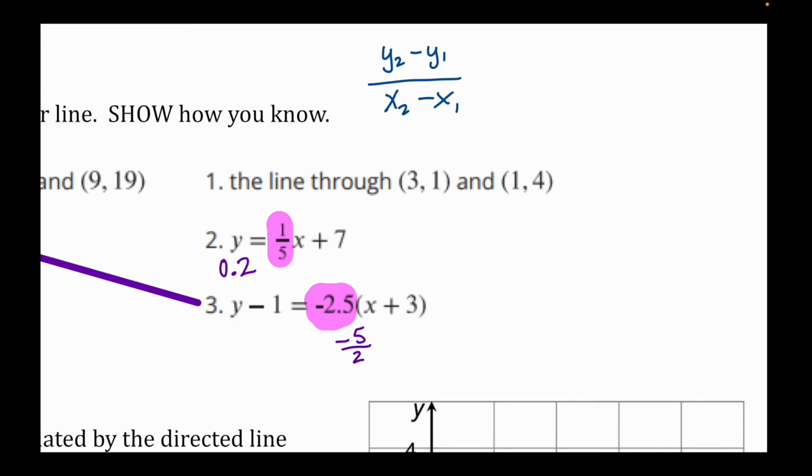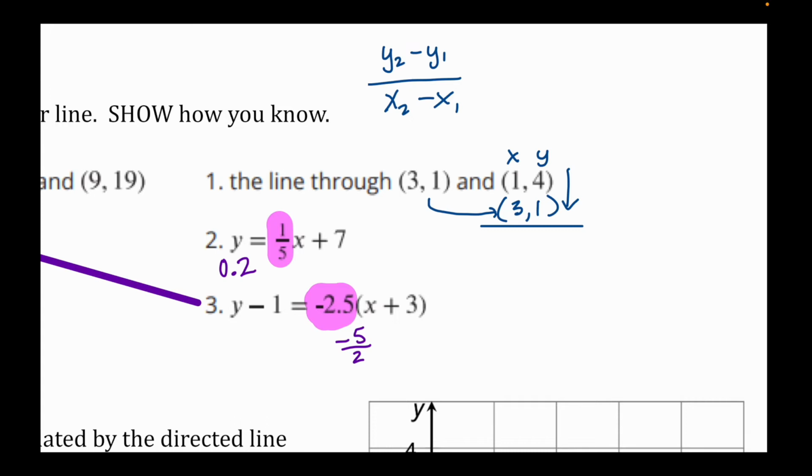It's almost like making a table: I stack up my values and then subtract them going downwards. That makes sure that my x subtracts with the other x and the y subtracts with the other y. Then I just have to be careful to put y over top of x.